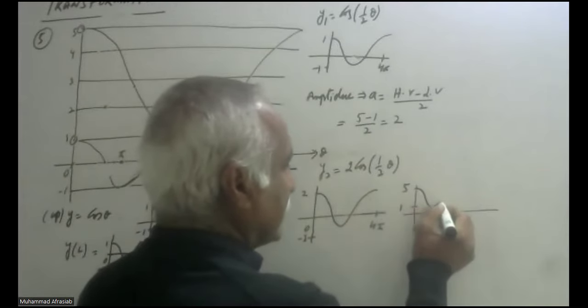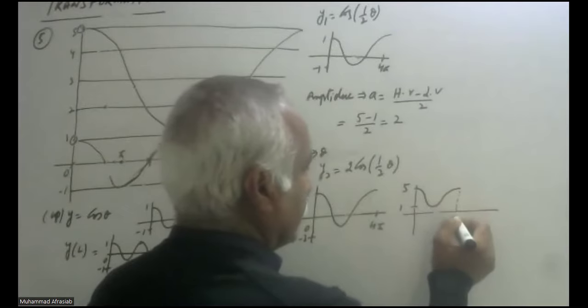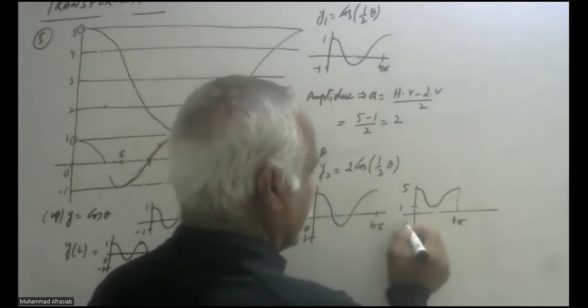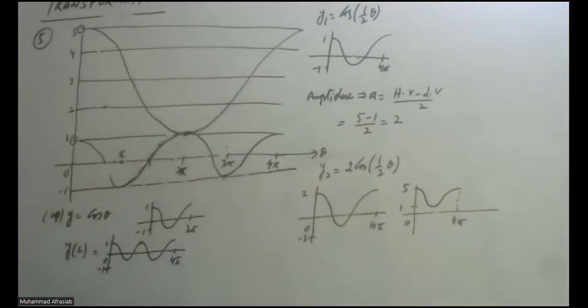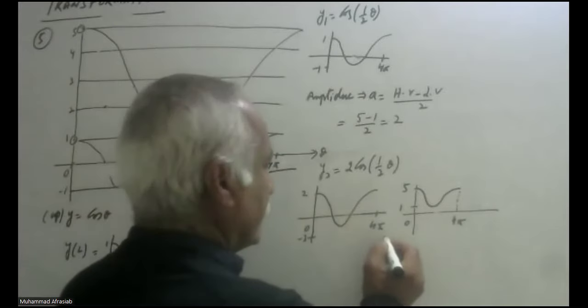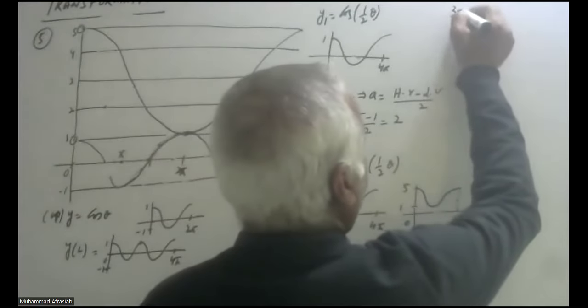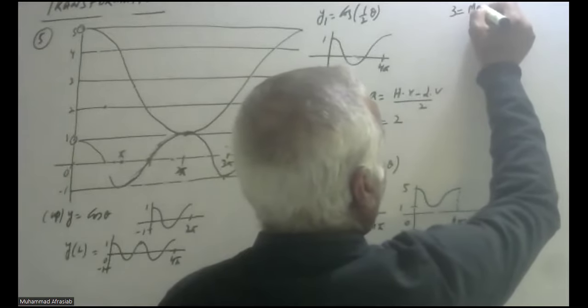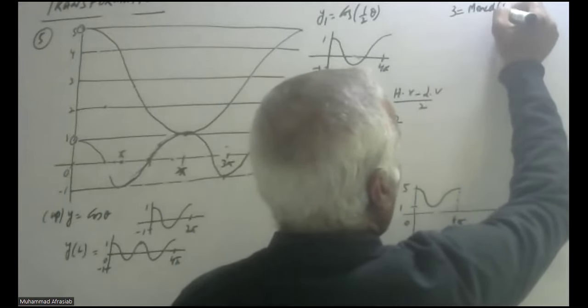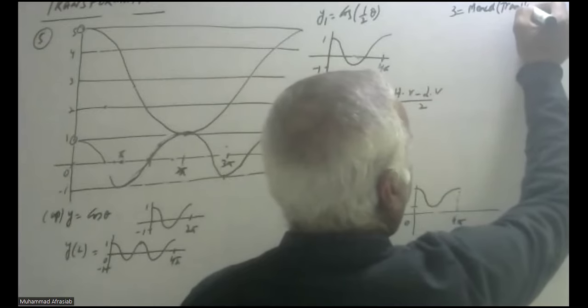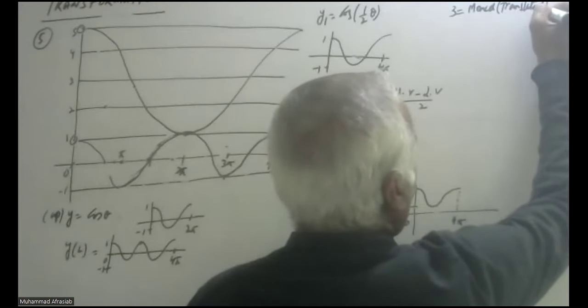The graph of this function would be like this, which is the final form of this upper curve of this transformation. So you have seen that it is moved, or translated, 3 units upward.